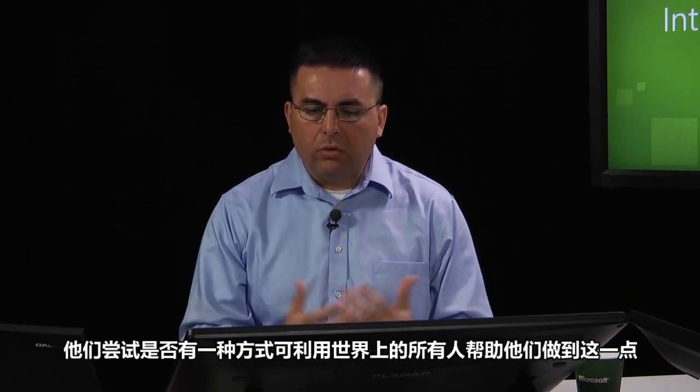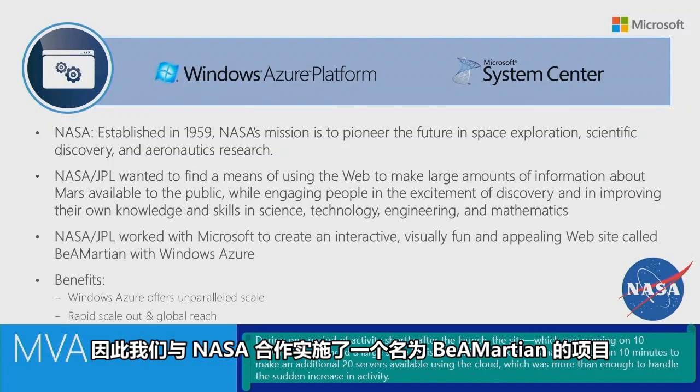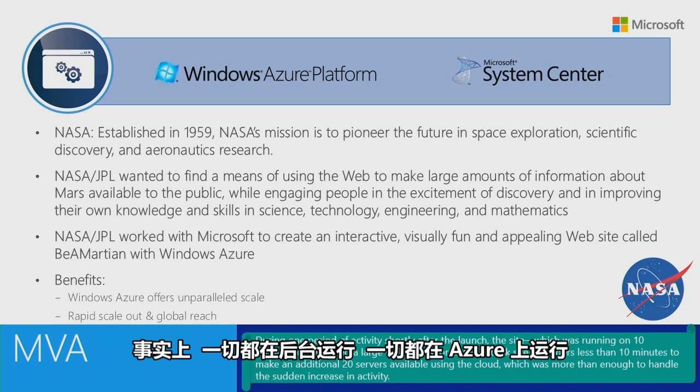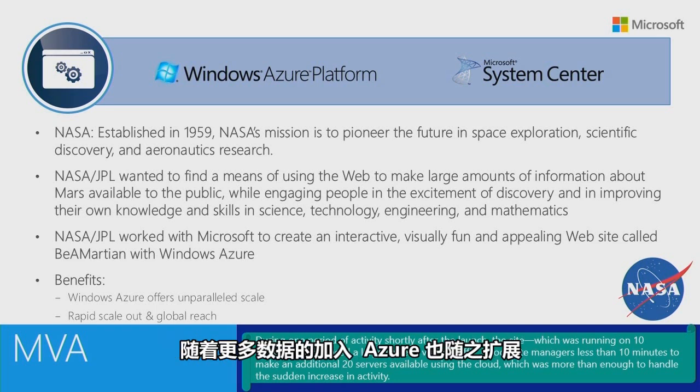And what they really were trying to figure out was, is there a way we could leverage everyone, the world, to help us do that? And so we partnered with NASA on a project called Be a Martian. And in fact, the back end all runs on Azure. And what's great about this is they continuously give us more data. As more data is incorporated, Azure just grows.